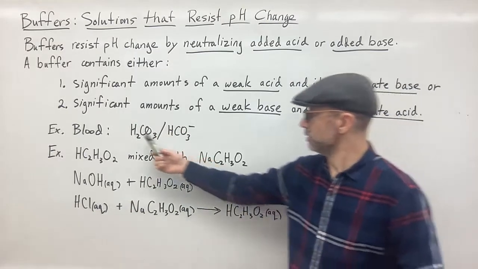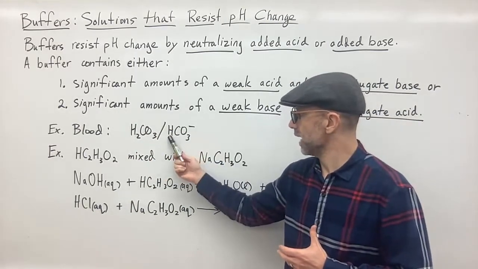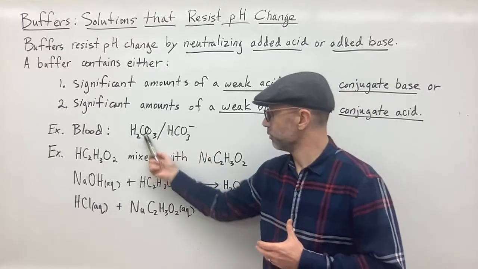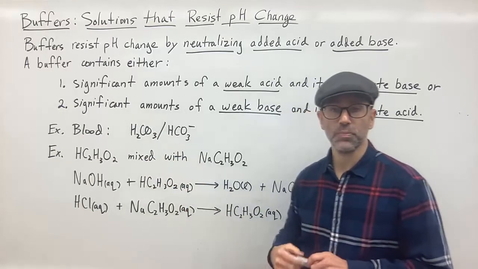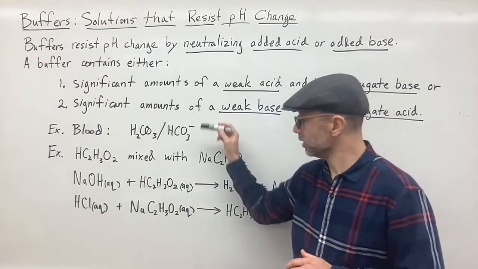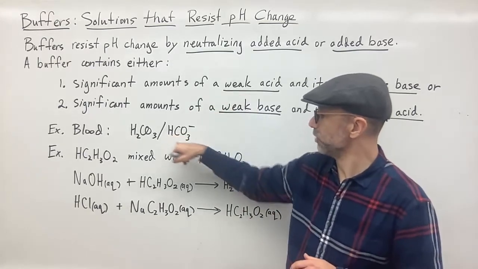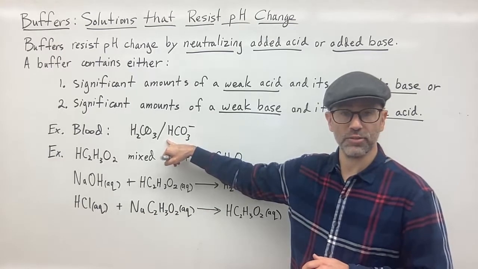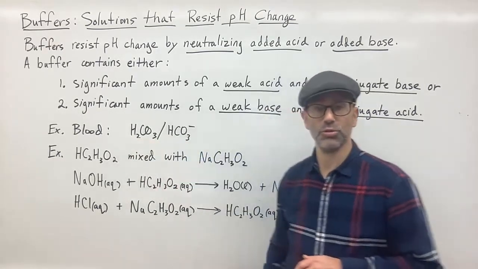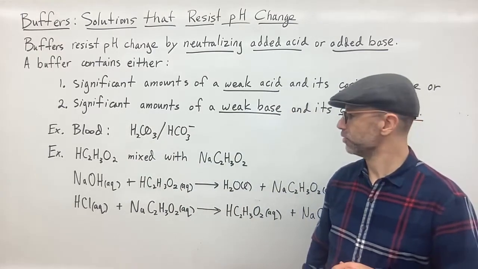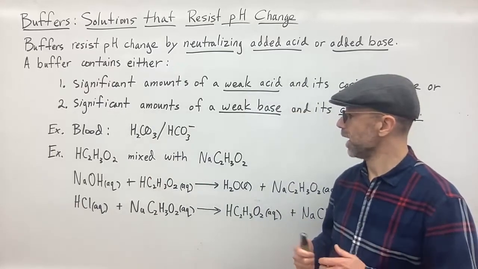Carbon dioxide is in our blood, it forms HCO3 minus, and we've got carbonic acid in our blood. So this is a buffer. If we add more acid, the conjugate base will neutralize that acid. If we add base, the acid will neutralize that base as well. So your blood is a good buffer in your body.